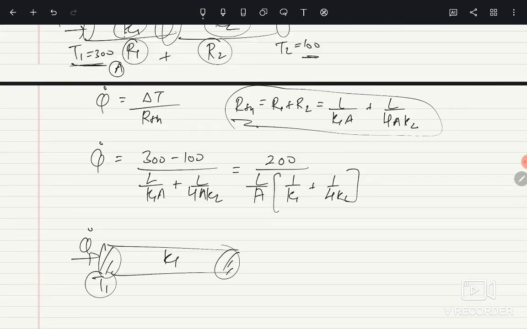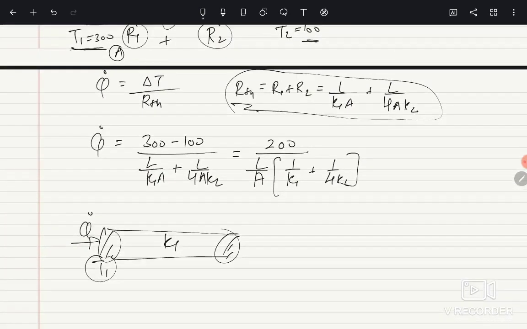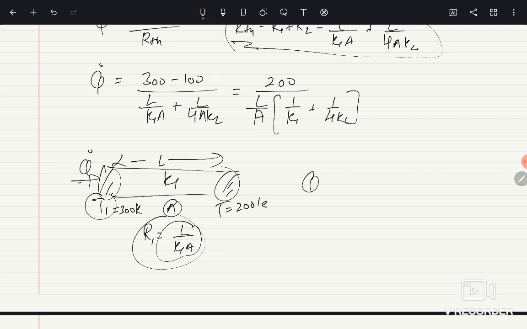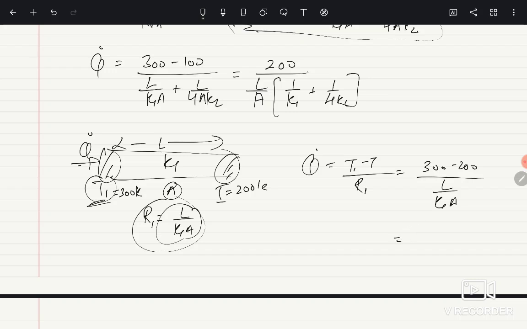Here the temperature is T1 and the junction temperature is given as 200 Kelvin, let us say T. Here it is given as 300, this length is L, and the area is A. So the thermal resistance of this portion R1 will be L by K1A, and the heat flowing through this is its temperature difference T1 minus T upon its thermal resistance. So 300 minus 200 upon L by K1A, we can write as 100 upon L by K1A.